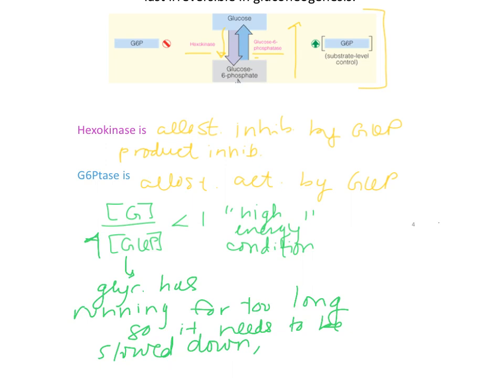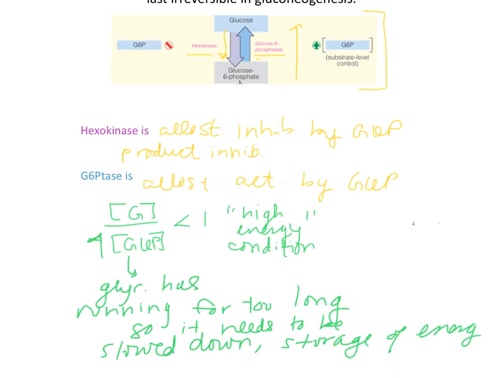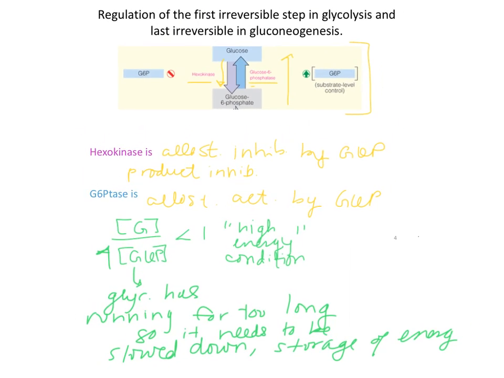Also, you probably have a buildup of this high energy stuff, and so you'll move into storage of energy. That's also represented in this diagram, where this piece shows that G6P inhibits hexokinase, and G6P activates glucose 6-phosphatase.